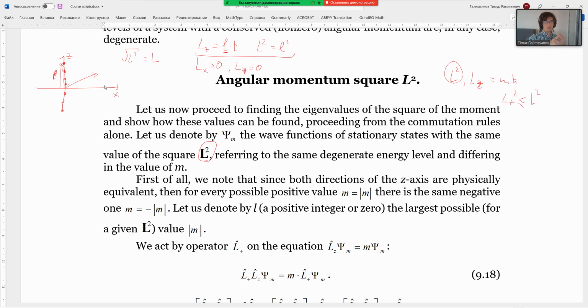Lx and Ly are 0 because you have your maximal projection on the z-axis. You aligned the angular momentum with the z-axis. However, you know that you cannot measure three projections of the angular momentum on different axes, and that means that L squared could not be equal to the square of the maximal projection of angular momentum.